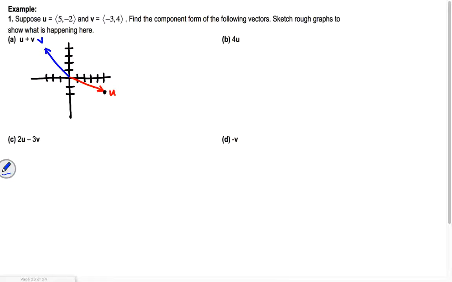If we're finding u plus v, it doesn't matter which one because v plus u is the same thing, but let's say we take v and move it to the end of u. From u, I'm going to go over 3 to the left and up 4. So over 1, 2, 3, up 1, 2, 3, 4. It's going to go right there.